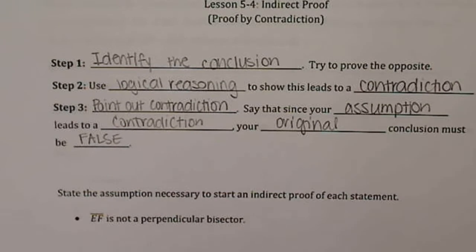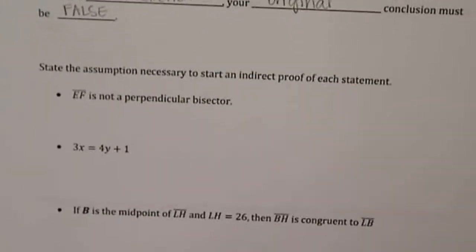Because our assumption is false, that it leads to a contradiction, the original conclusion that we made must be false. Now, what all that means, since that's a lot of words to try to wrap your mind around without an example, is this. We're going to start off with this.